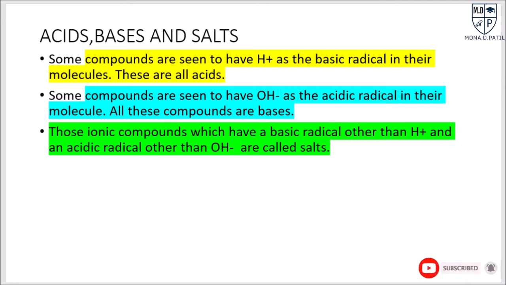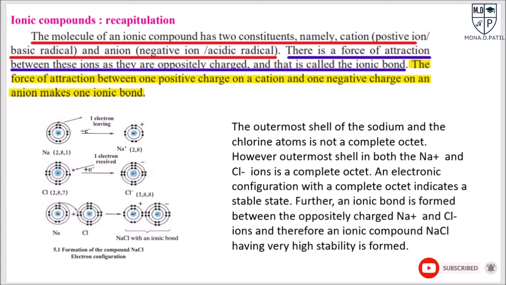Okay, then next, ionic compound recapitulation. We have already studied the ionic compound, so here we'll just revise it. The molecule of an ionic compound has two constituents, namely the cation, the positive ion or basic radical, and the anion, the negative ion or acidic radical.